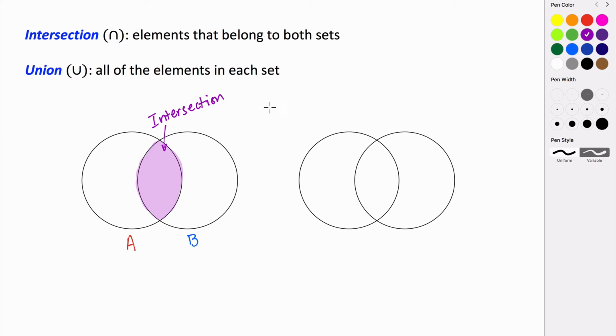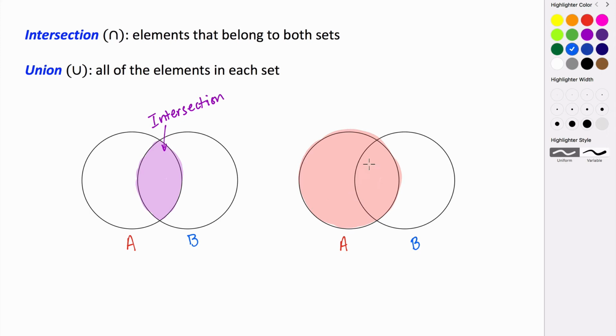So that's the intersection. The union, if we again have sets A and B here, is just all of the elements in A. So this is the set A, and that's everything in A there.